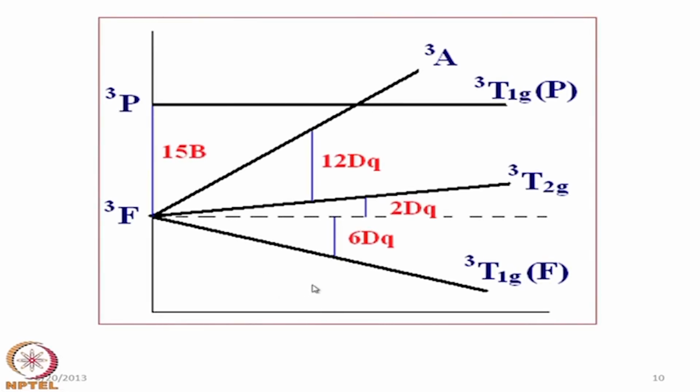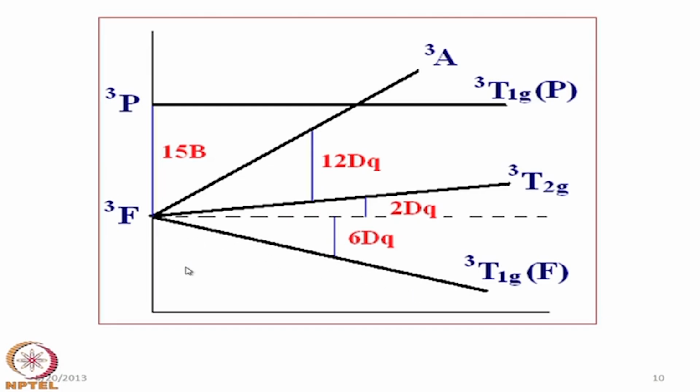So, how do we see these transitions involving the 3P level from here and the 3F level as the ground state? In this particular case we have the corresponding diagram, a very basic one, which we can consider as the Orgel diagram, and in the final form it can be considered as the Tanabe-Sugano diagram.